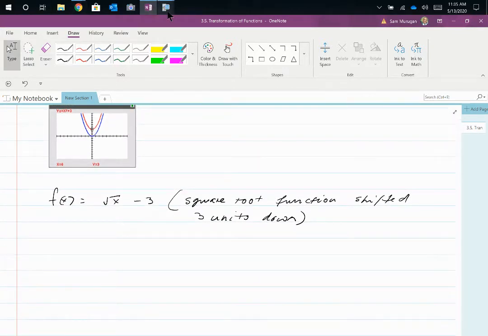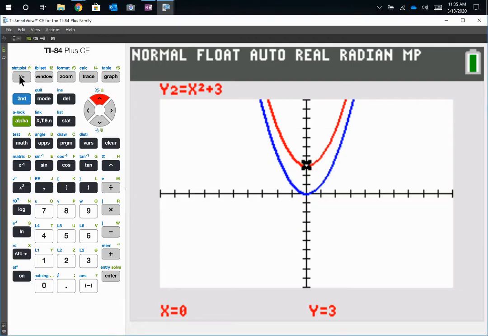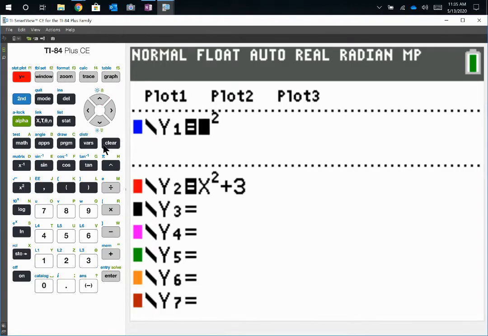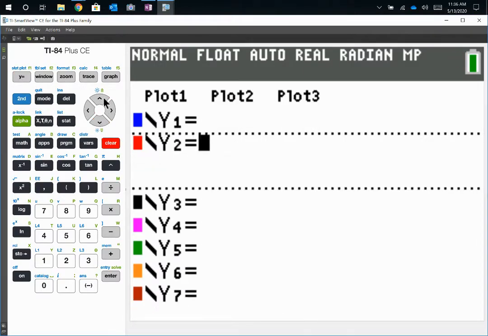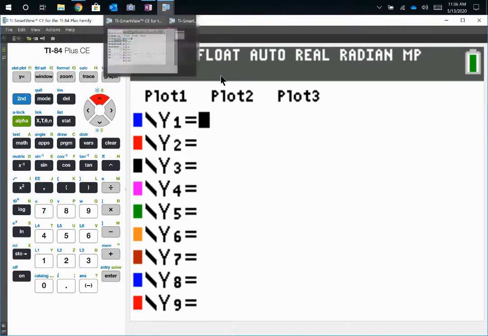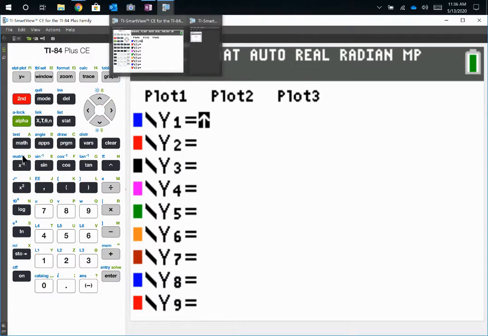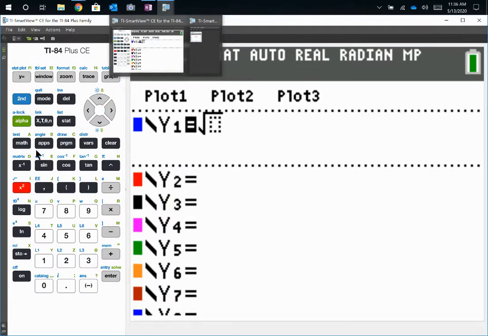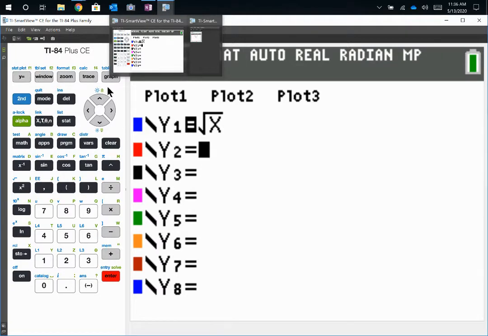So to see this, I'm going to graph our basic square root function, clear everything that I have in here, and graph the square root function by pressing second and x squared. Type in an x and I can see my square root function when I graph it.